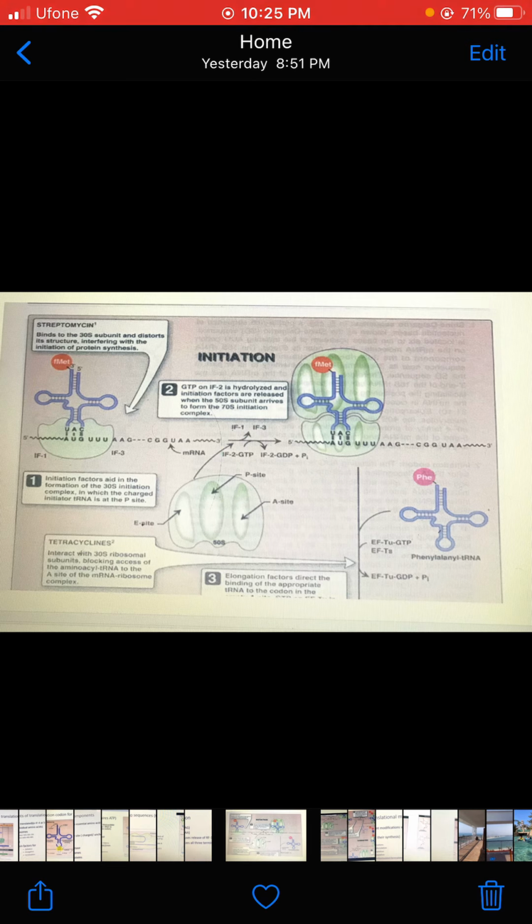So if we want to stop this prokaryotic synthesis, we need to know the action of different antibiotics in these steps of translation, where the overall process of translation is going to be inhibited with the help of some medicines.